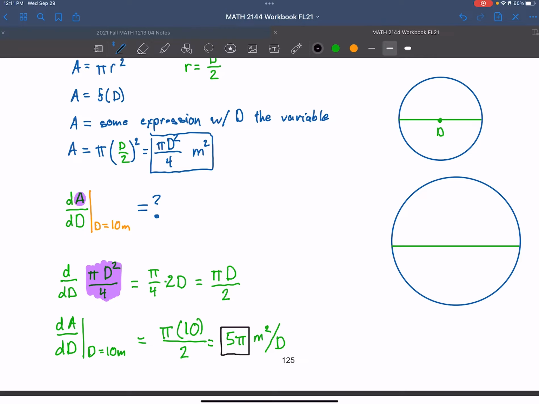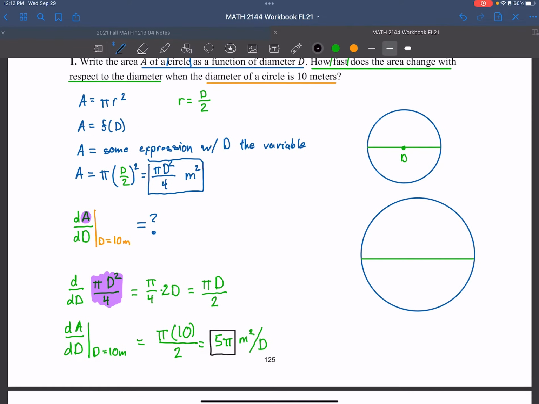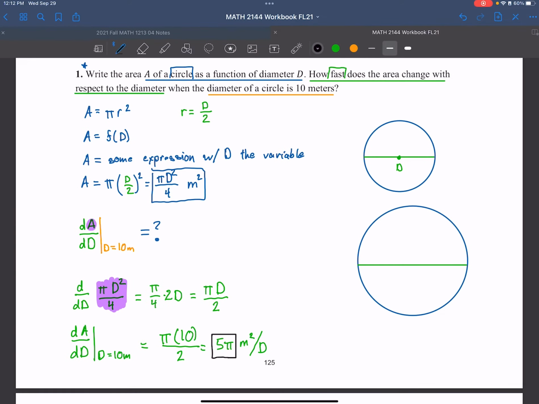The answer right here is that 5 pi is how fast the area changes with respect to the diameter when the diameter is 10 meters. That involves some ideas we looked at early in the semester with setting up the function. And now we just want to remember that when we're asked how fast, we're looking to find the derivative.